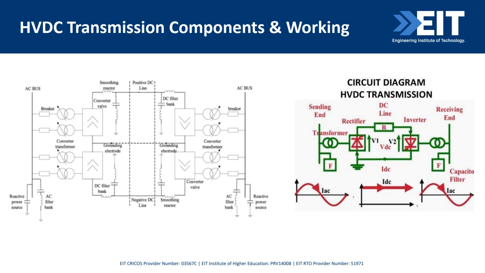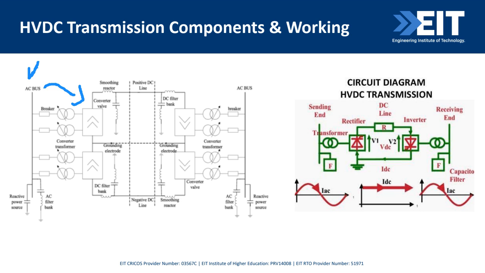Next, we talk about some major components in HVDC transmission and their working. This is a typical circuit diagram, a schematic of HVDC transmission. As you can see, we can have AC generation, and then we can convert it to DC.